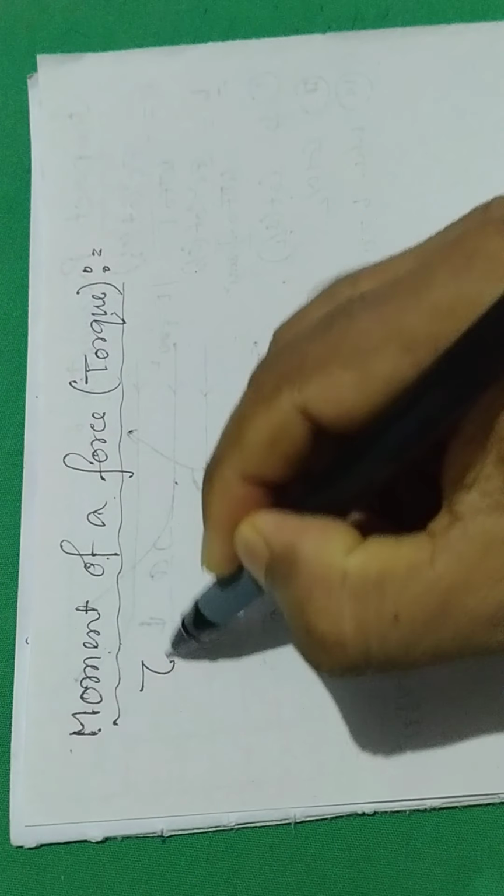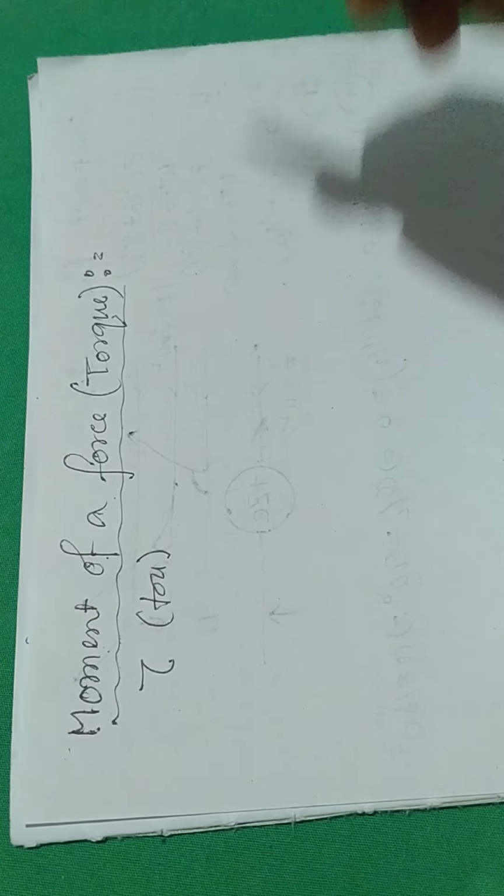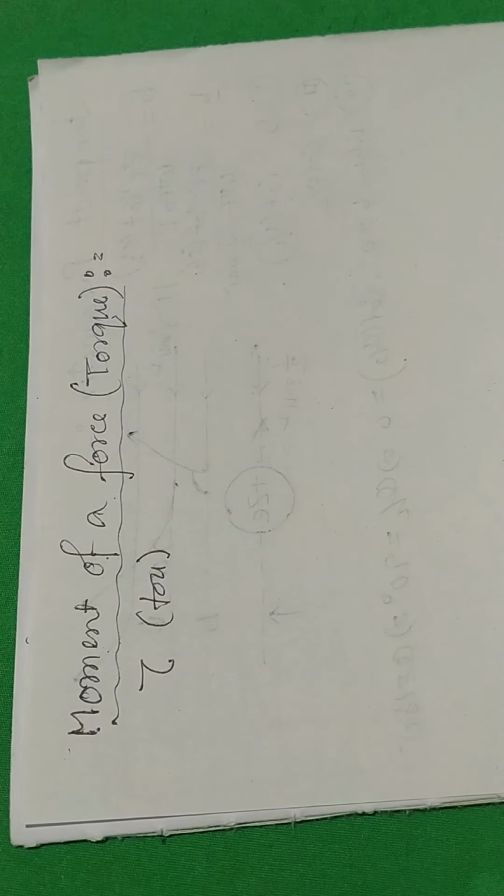Whenever any body is rotating about its axis of rotation, there is a torque acting on the body. Basically it is the rotational case, or turning effect of force about the axis of rotation.